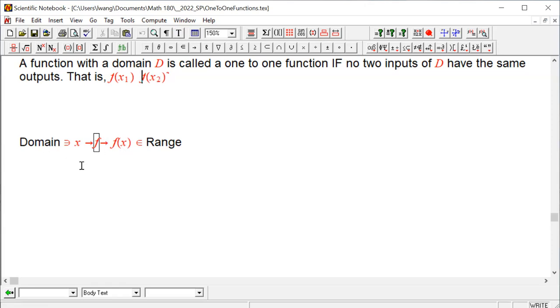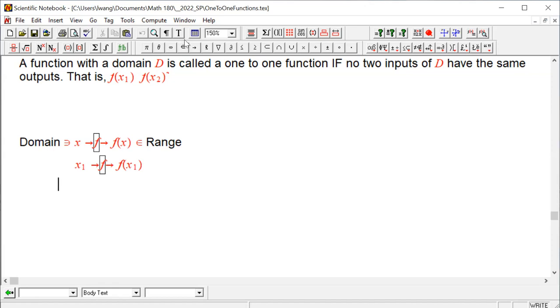What it means is that you pick arbitrarily x sub 1 as input, and we apply the rule, so the output is going to be f of x sub 1.